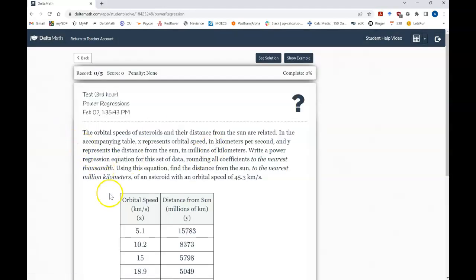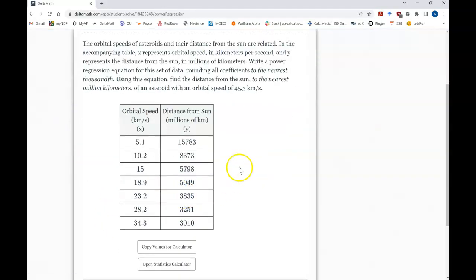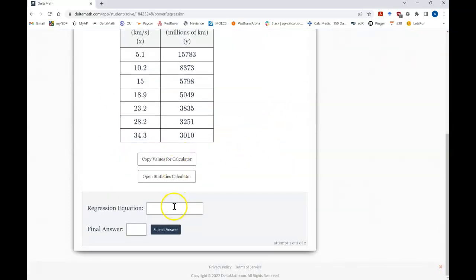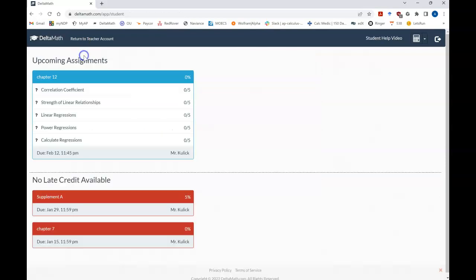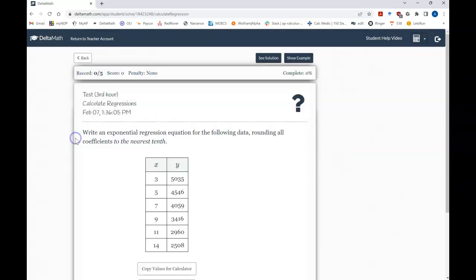There's a power regression question. Again, all you're doing is typing your data in, building your regression equation and making a prediction. Again, the predictions work the same way. Sometimes this number will be an X, sometimes it'll be a Y. You should be able to read from the context of the question. And then the last one is just regressions in general.